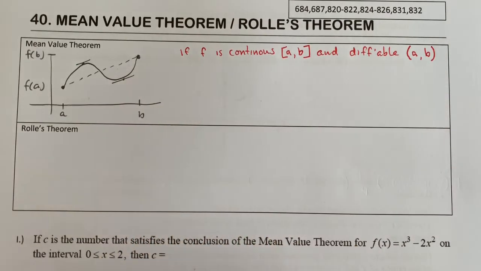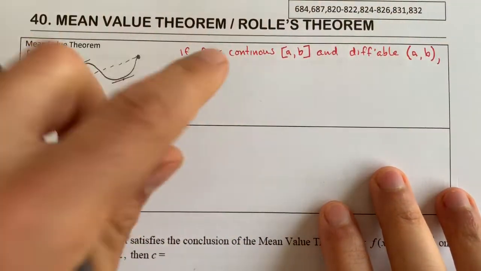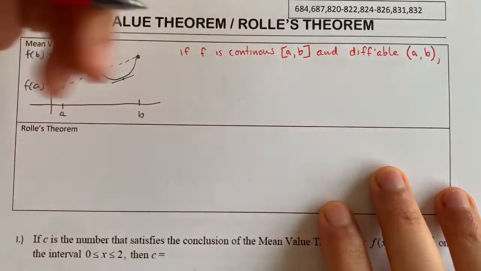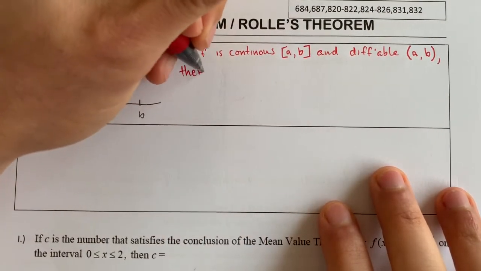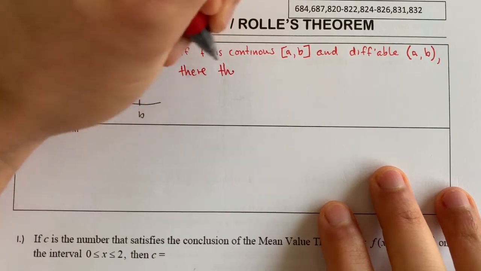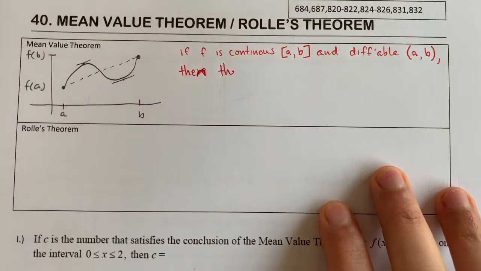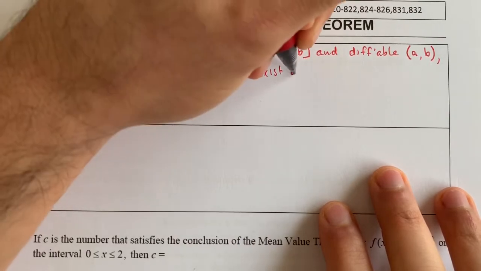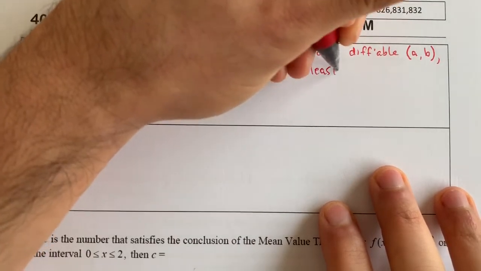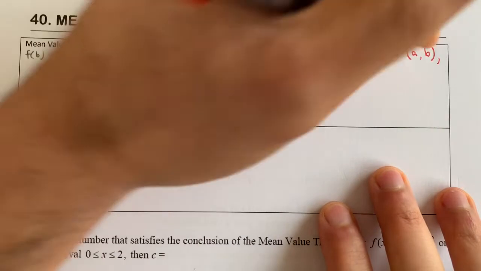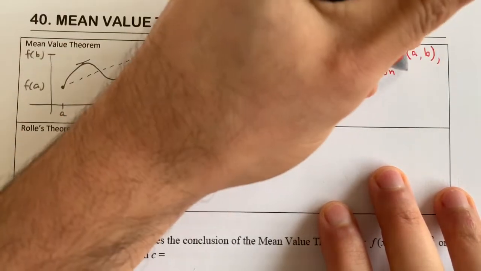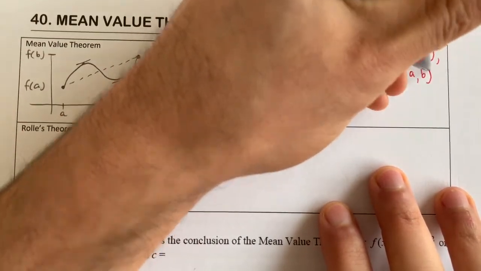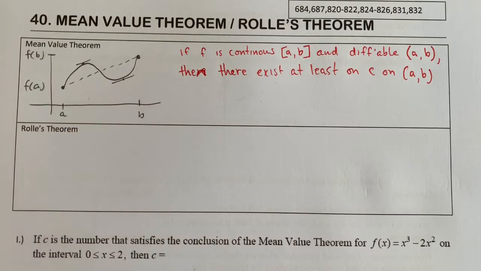So if that is the case, if we are continuous and differentiable, then there exists at least one C on A to B. So that C value is in between.